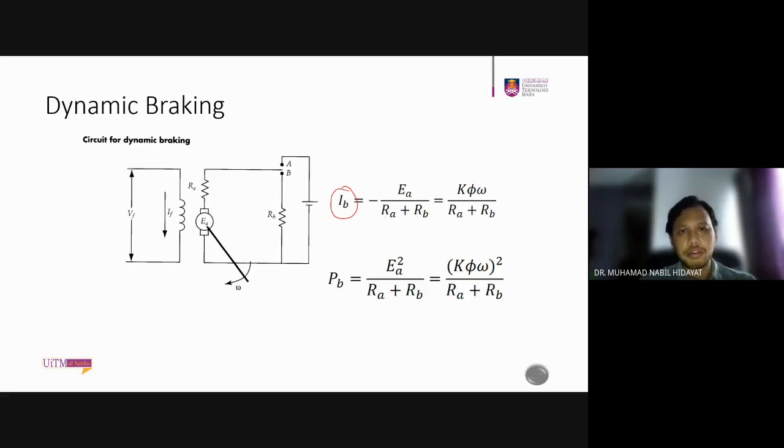So we have to consider both RA and RB, and these will be the equations for power. So this will be the equation to find the value of RB, either if they give the value of speed or they give the value of EA. So you can find the value of RB.